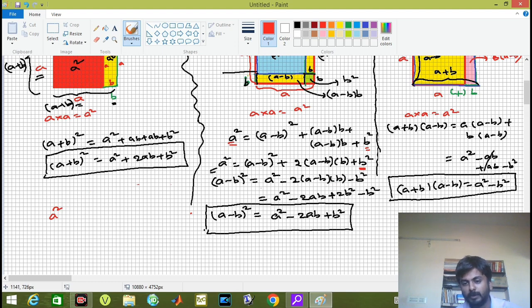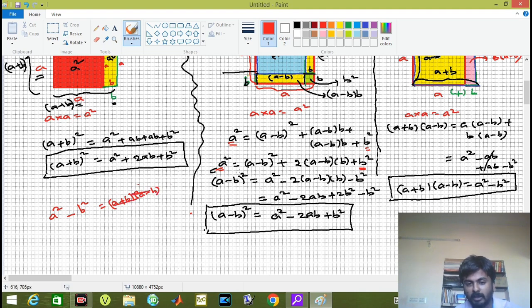If I take this B square here, A square minus B square, I should get A plus B into A minus B, but it will not give that.